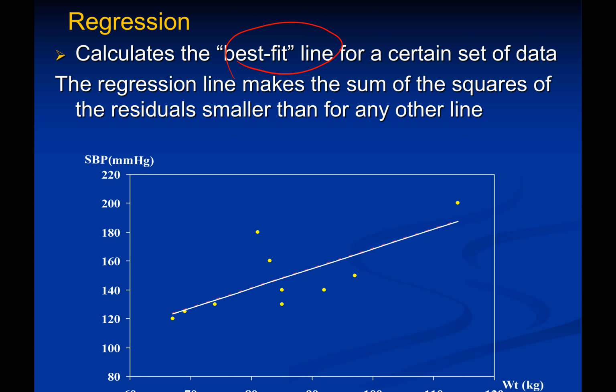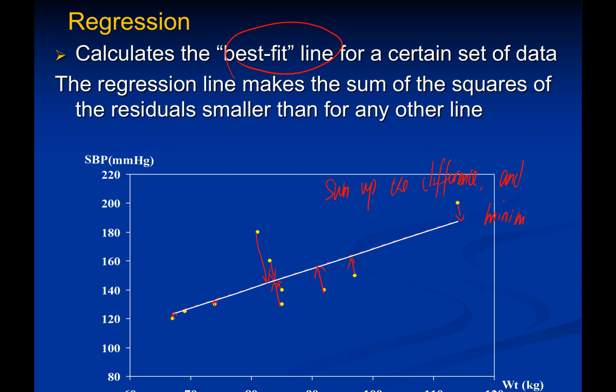So here the regression line makes the sum of the square of the residual smaller than for any other line. So we try to minimize the residual, meaning minimize the distance from each point to the best fitting line. Whichever line gives us the smallest distance, we call this the best fitting line. So sum up all this distance, sum up the difference, and then minimize the difference.